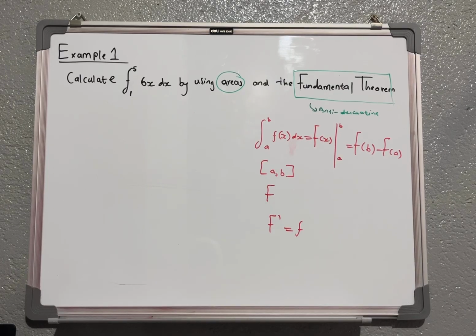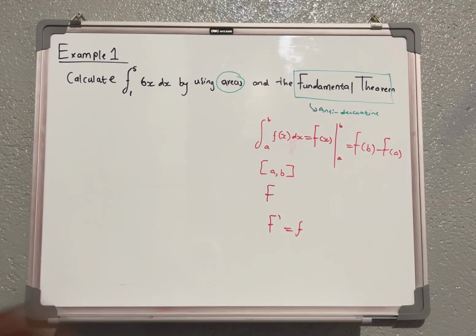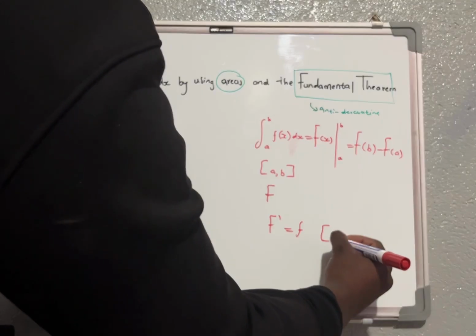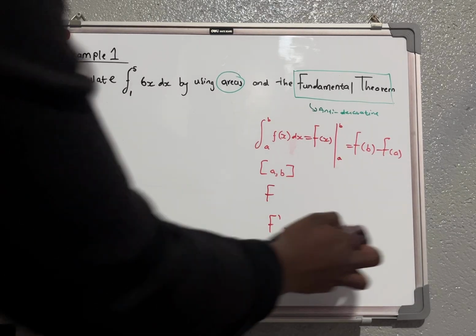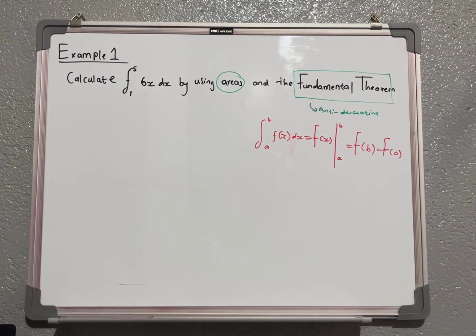But this will make much more sense when we are doing the calculation, where the derivative of the bigger F equals the smaller f on the same interval, which is a and b. So let's continue with the question, then I'll get back to this part at a later stage.